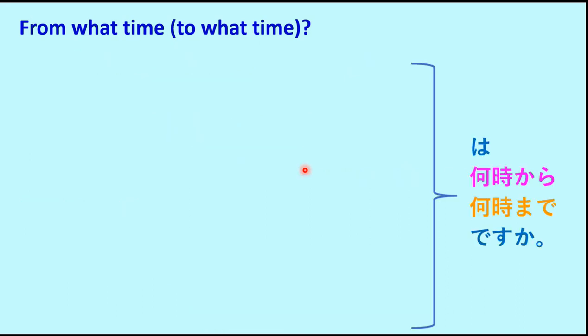Now let us form questions using nanji kara nanji made and for various places. Depato, that is departmental store. So depato wa, you can add this common part with each of these words that we are going to provide for practice purpose. Depato wa nanji kara nanji made desu ka?